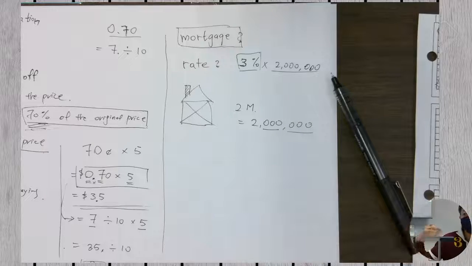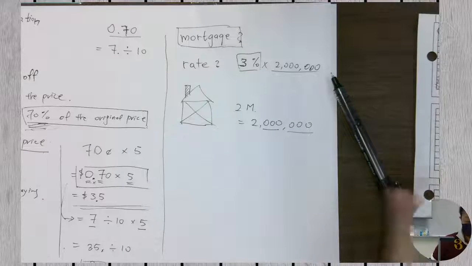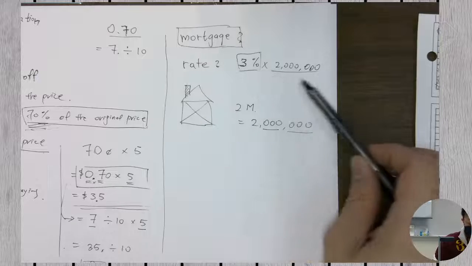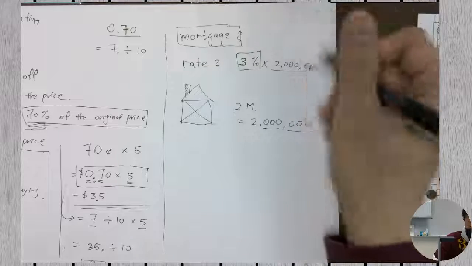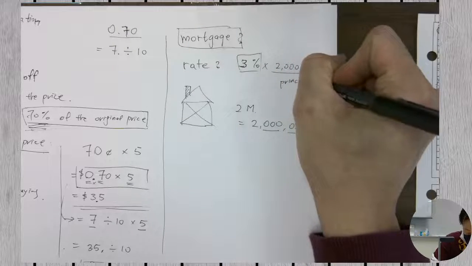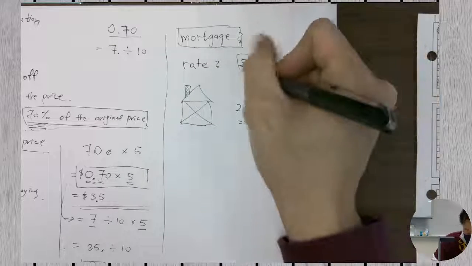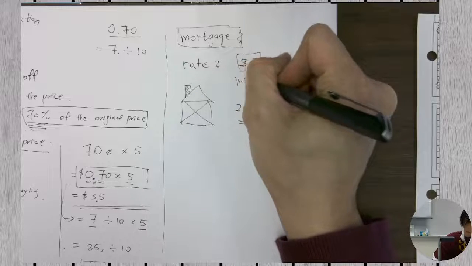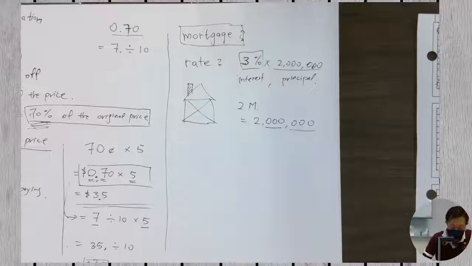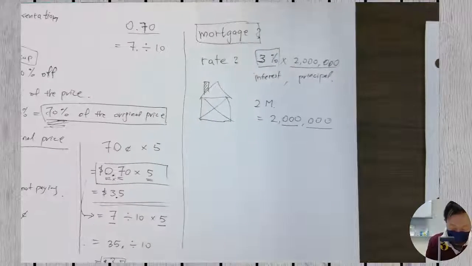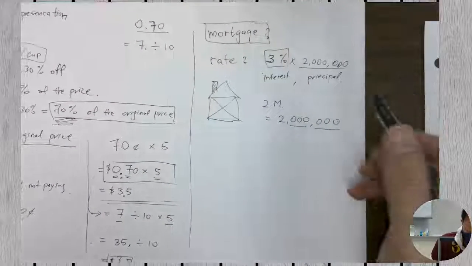You have to pay this money off over time. So besides the 3%, you have to pay a percentage to pay off the amount you borrowed. We call this principal, and this we call interest. So that's what you have to do. 3% would be common.